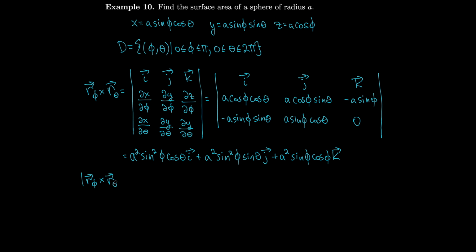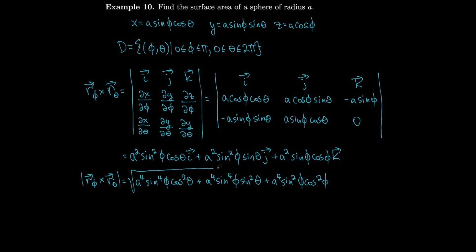So the magnitude will be, let's see, we're going to have to do each of these guys squared and take the square root. So I'll square them first. A to the fourth, sine to the fourth phi, cosine squared theta, plus a to the fourth, sine to the fourth phi, sine squared theta, plus a to the fourth, sine squared phi, cosine squared phi. And now I need my square root.